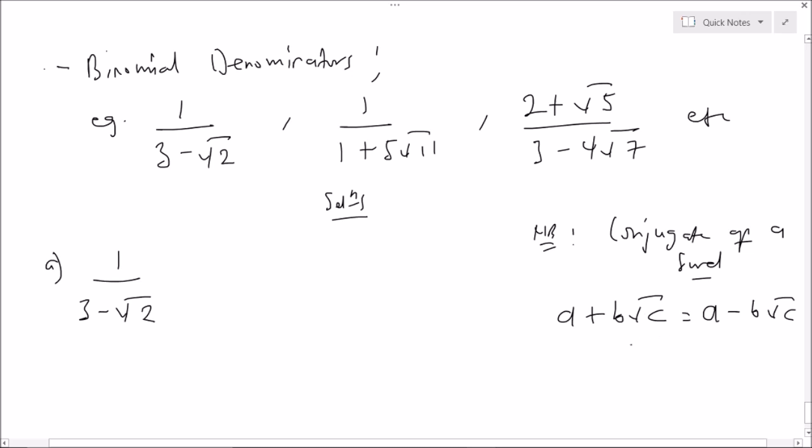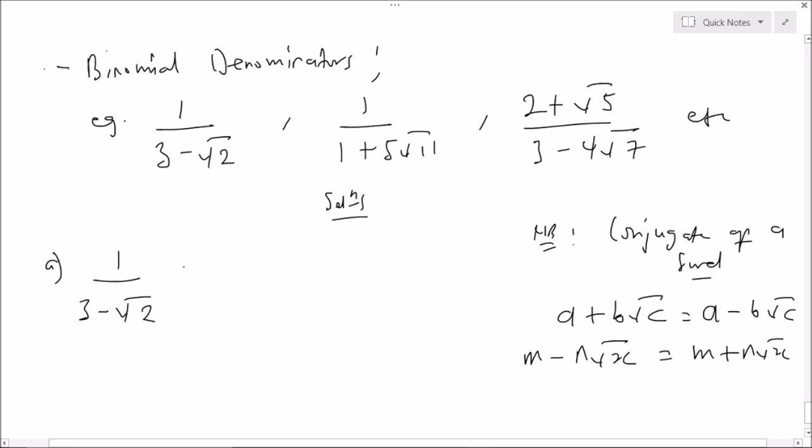The same way, the conjugate of A minus B root C is A plus B root C. Another example will be, let's say if you have M minus N root S. The conjugate of M minus N root S is simply M plus N root S. That we simply change the operation sign. If it's addition, we change to subtraction. If it's subtraction, we change to addition.